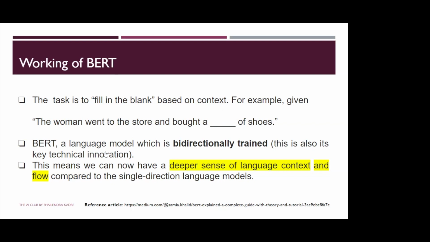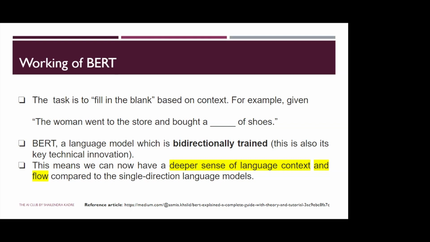And the key thing about BERT is that it is bidirectionally trained. If you remember bidirectional LSTM, there were actually two layers: one which takes the sequence from left to right, another which takes the sequence from right to left.